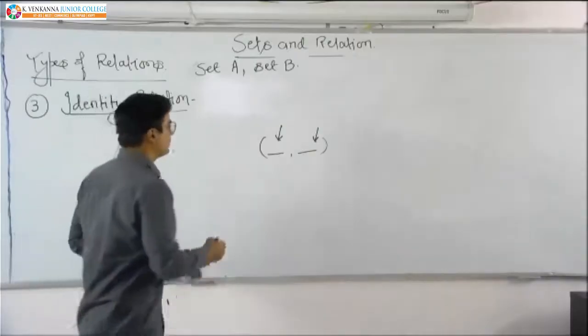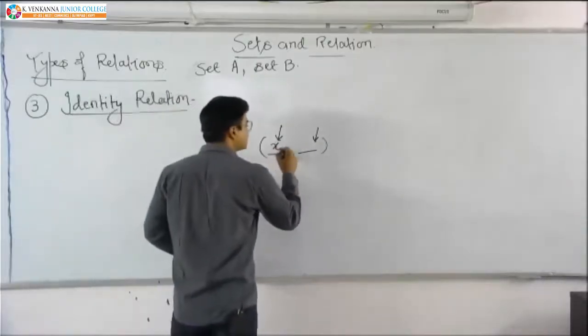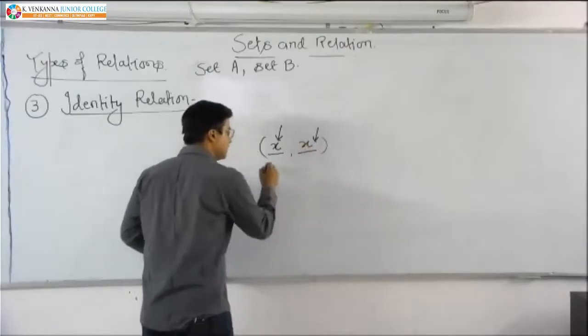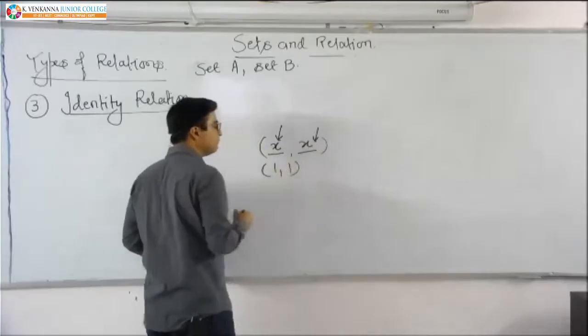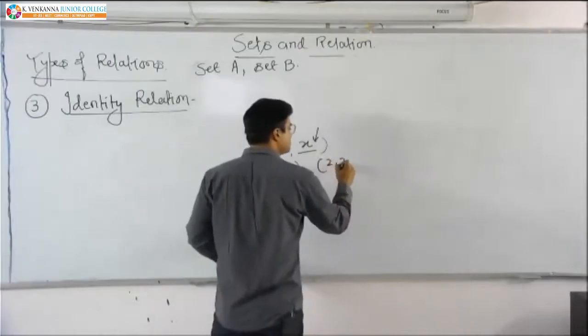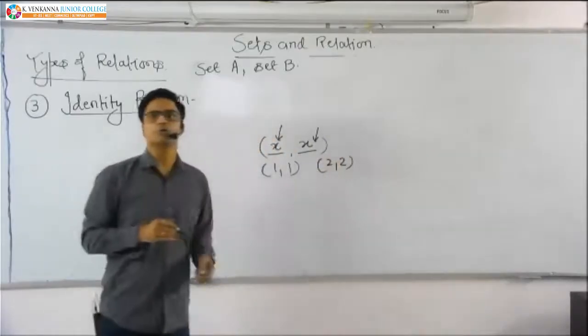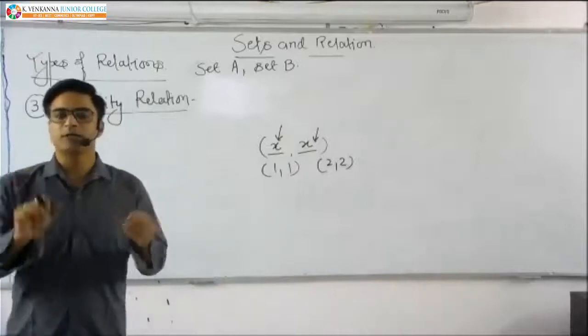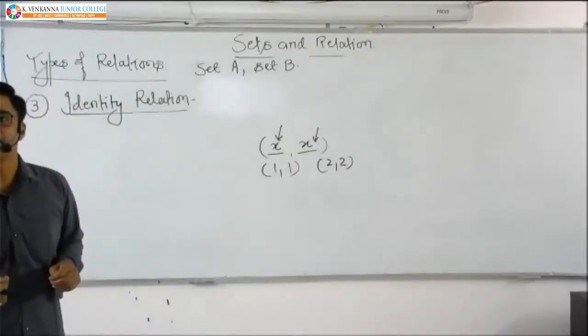That means if it is x, then it will also be x. If this is 1, this will also be 1. If this is 2, then this will also be 2. So try to understand what an identity relation is.